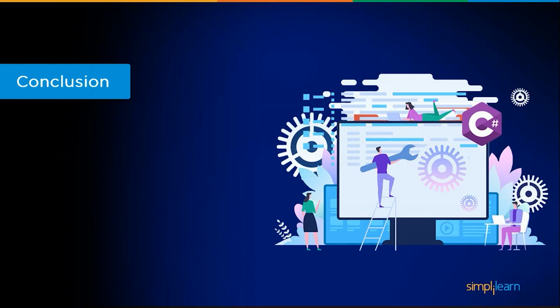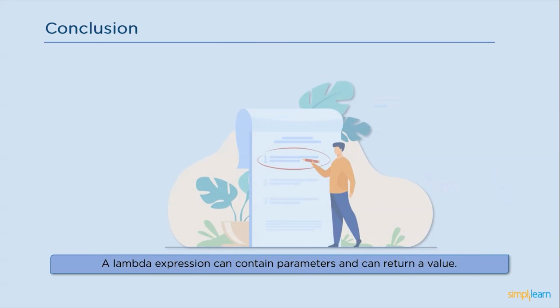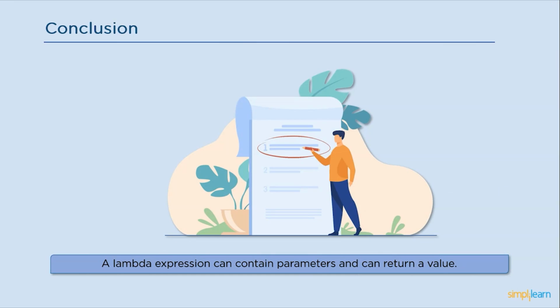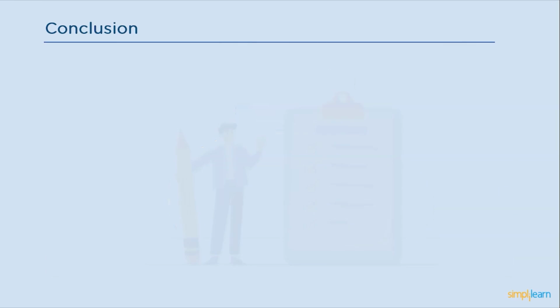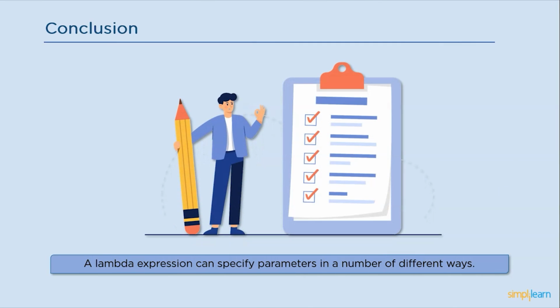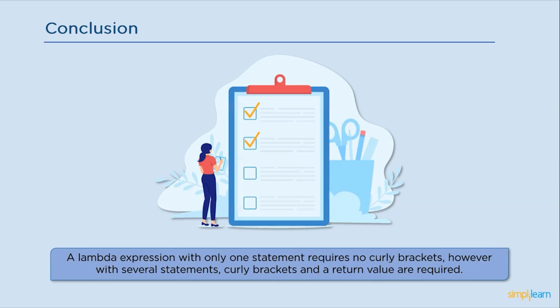Let's have a look at the conclusion. A lambda expression can have parameters and return a value. A lambda expression may be used to declare parameters in a variety of ways. There is no need for curly braces in a lambda expression if there is only one statement, but curly braces and the return value must be used if there are several statements.